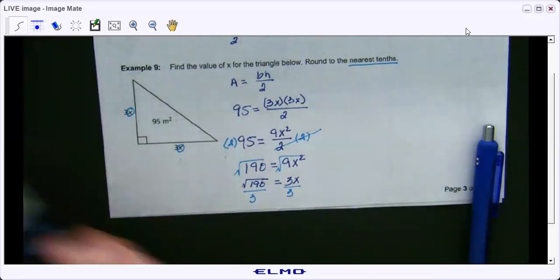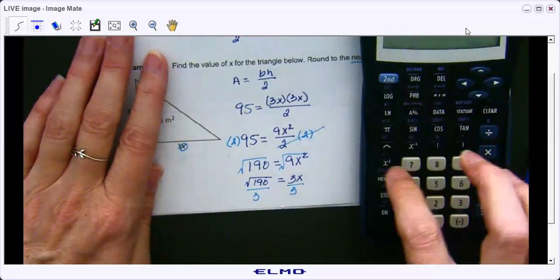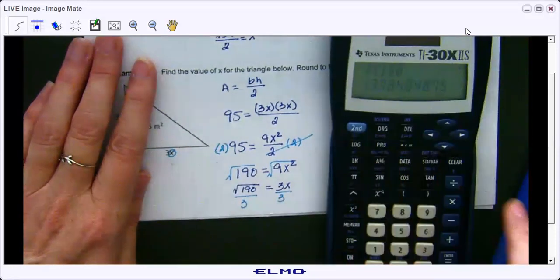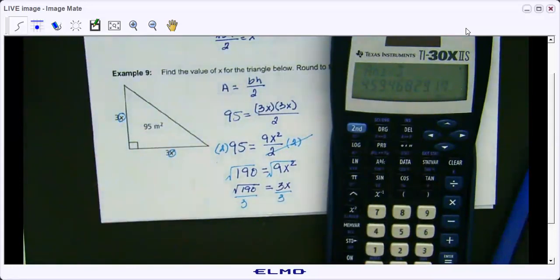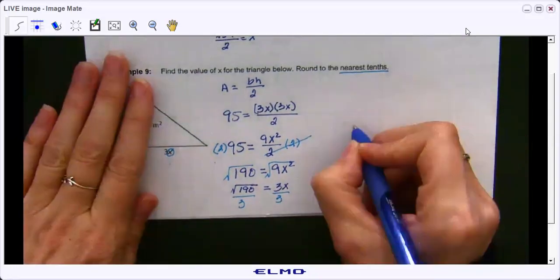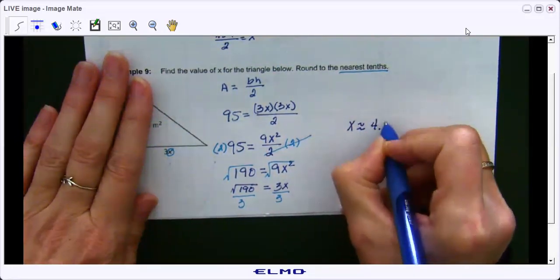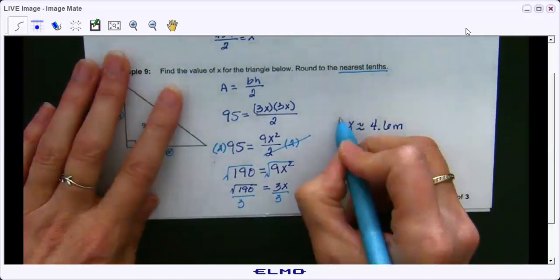And when we take the square root of 190 and we divide it by 3, we get 4.59. So rounding it to the nearest 10th would be 4.6. So x is approximately 4.6 meters. And do not forget your units.